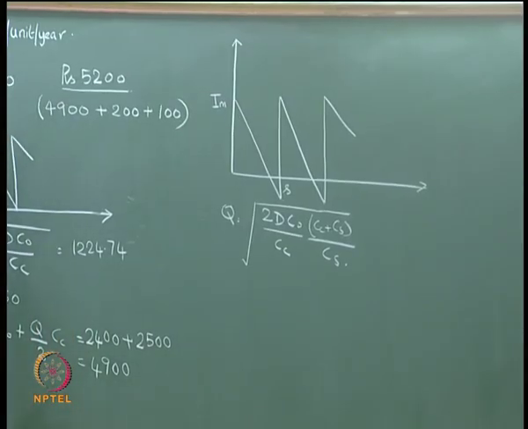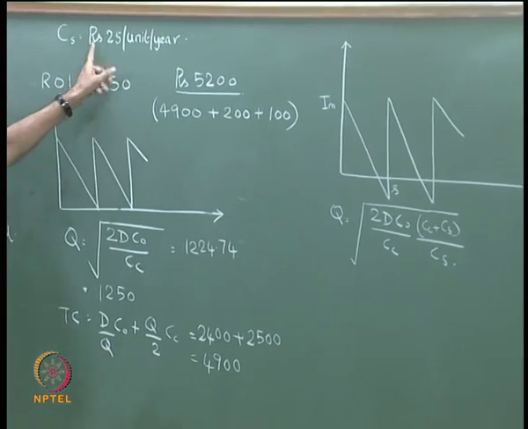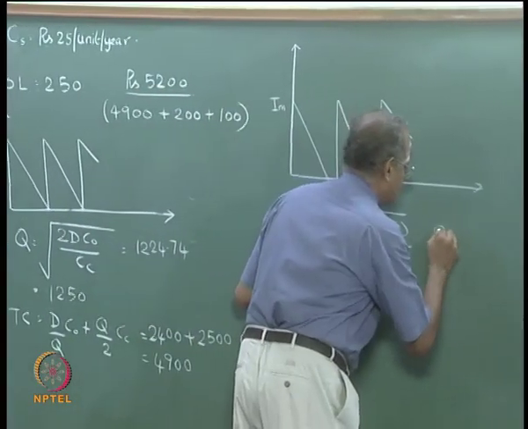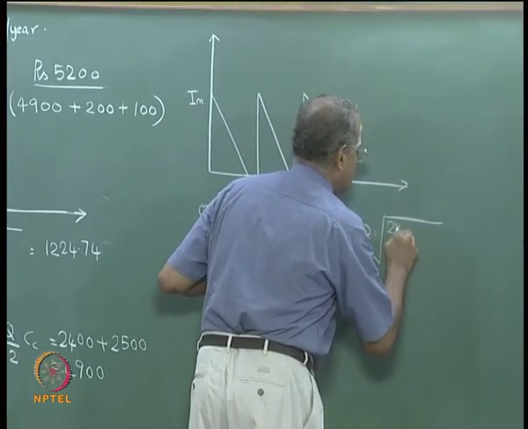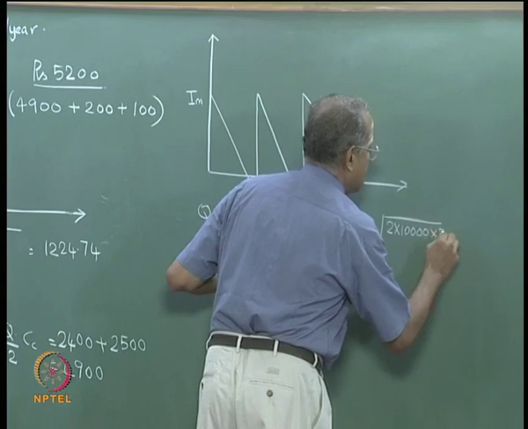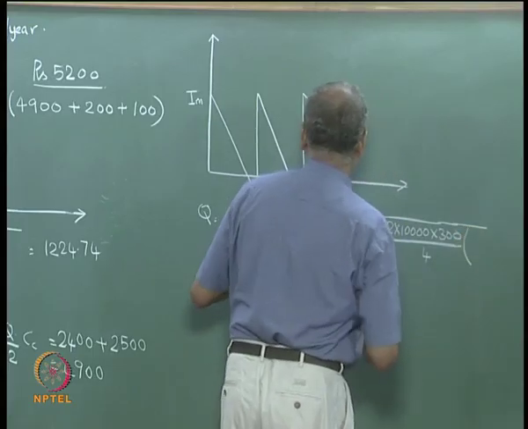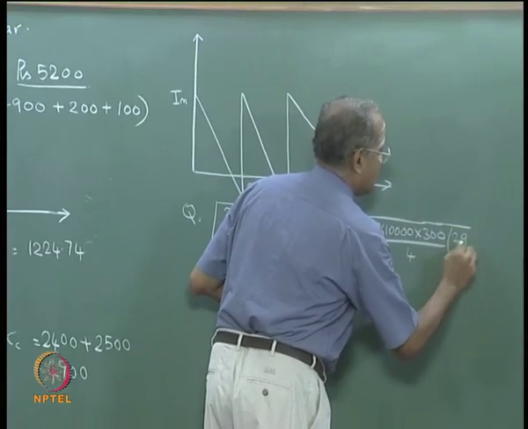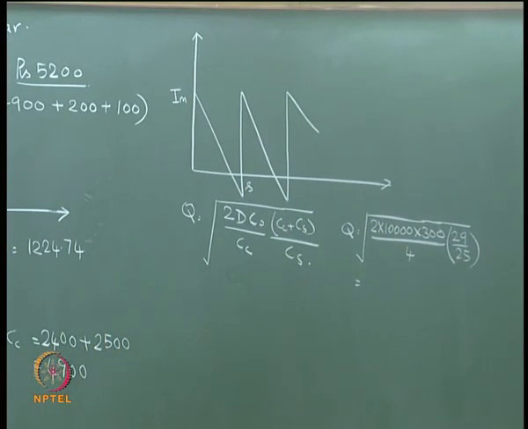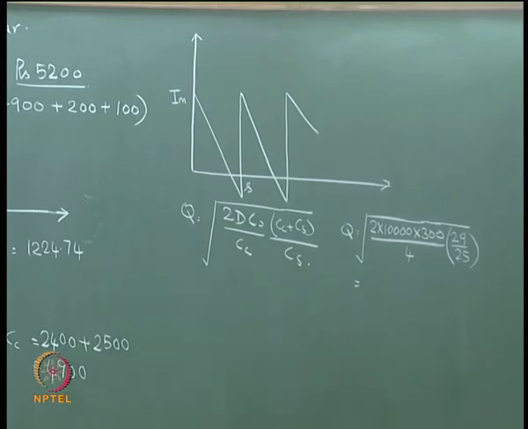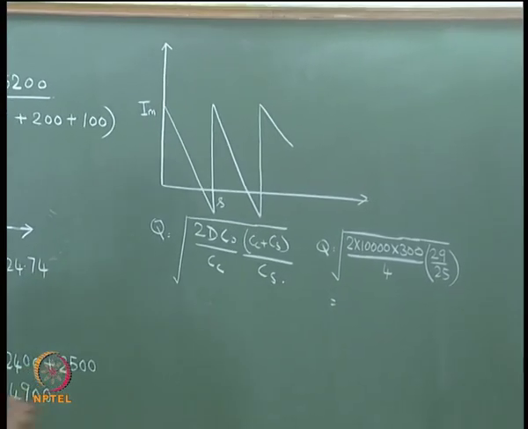We worked out a numerical example where we took C s to be rupees 25 per unit per year, and therefore our Q in that case was root over 2 into 10,000 into 300 by 4 into C c plus C s by C s, which is 29 by 25, and this came to 1319.09.